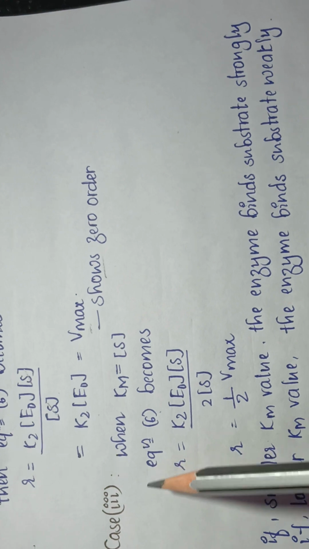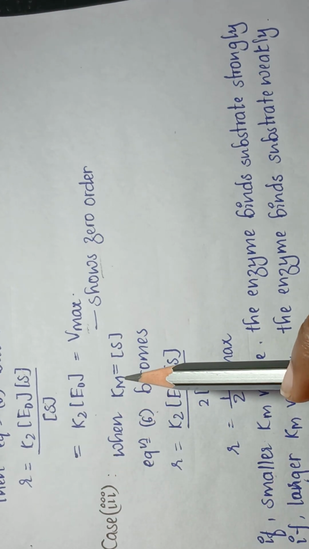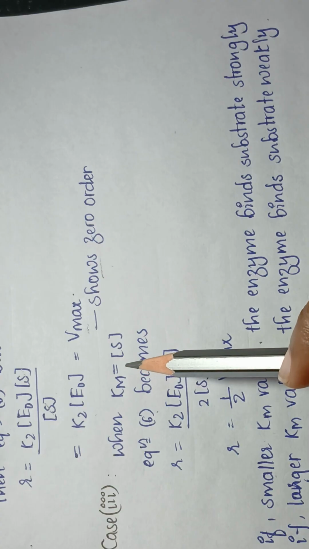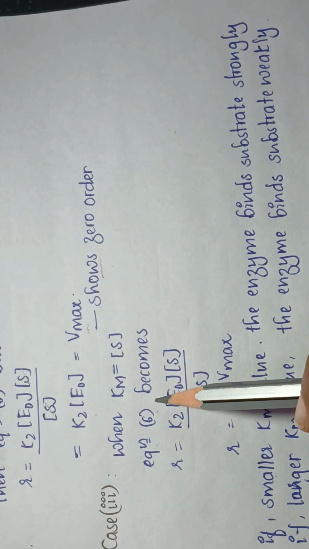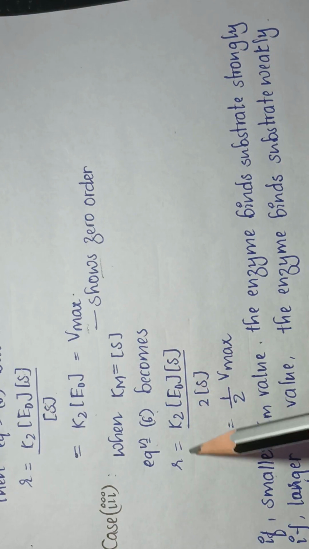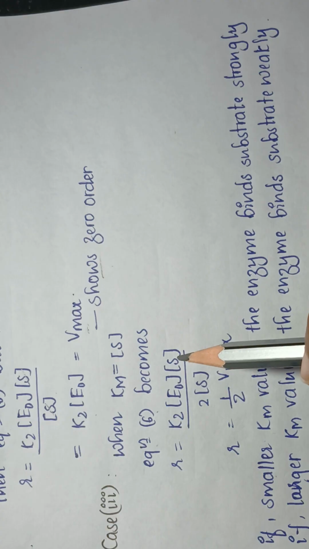Now consider case 3, when the Michaelis-Menten constant is equal to the substrate concentration. Equation 6 becomes rate equals k2[E0][S] divided by 2[S].